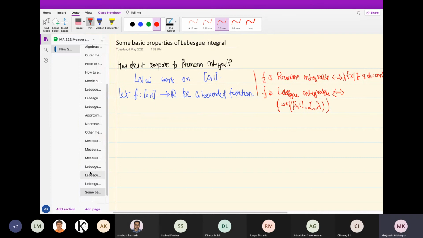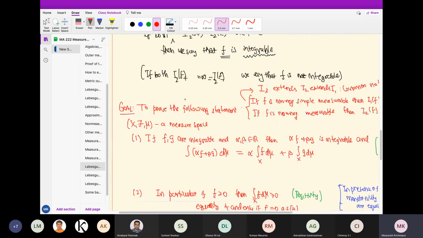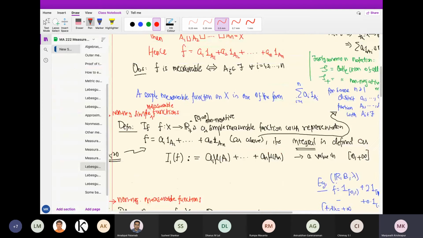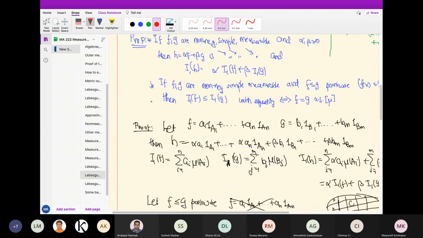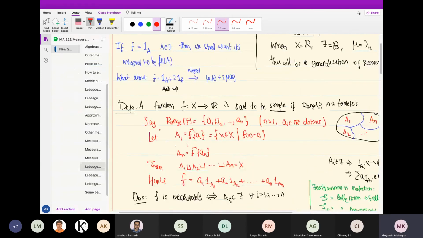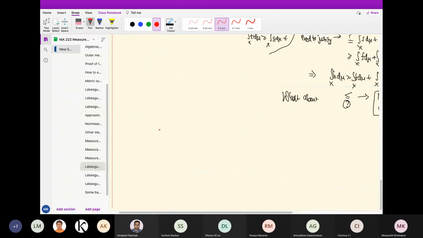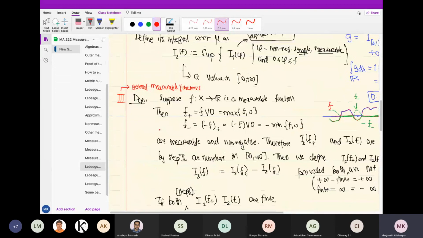You can go back and see I3 and so on. Here I3 was introduced, right? Where is that? I forgot where it is. Here, step 3.